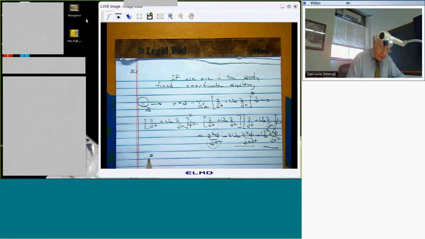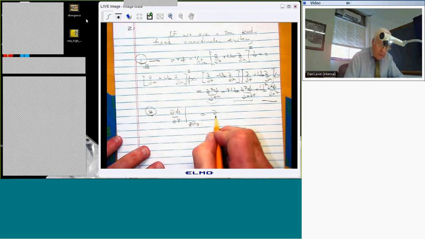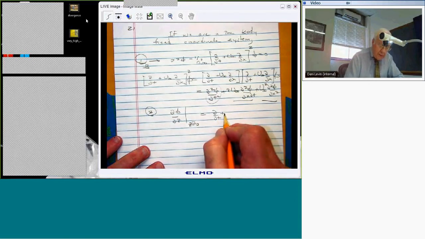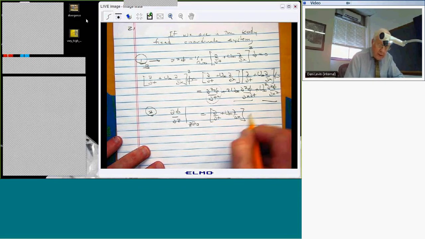Equation 2 was the one that said d phi dz approximately on z equals 0 was dw dt. Well, now it's d dt plus u infinity d dx operating on w.